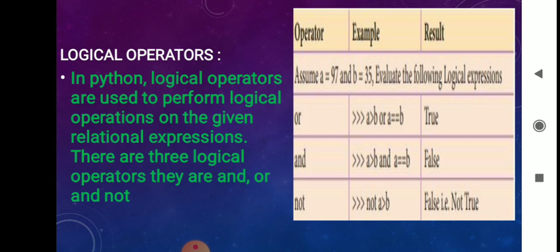And requires that both conditional values be true, and only then does the whole expression return true. In or, if either one of the conditions becomes true, then the whole block of condition statements returns true. Not returns the opposite value. If we present the value true, it gives the opposite value, false.